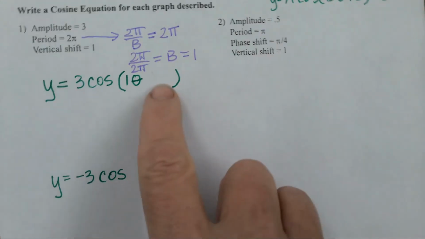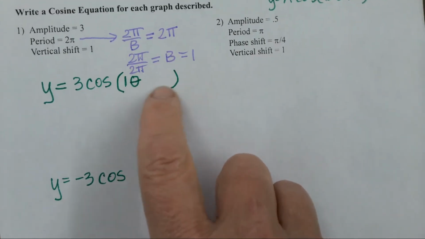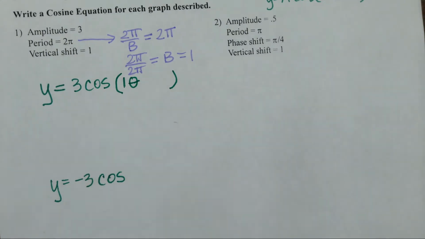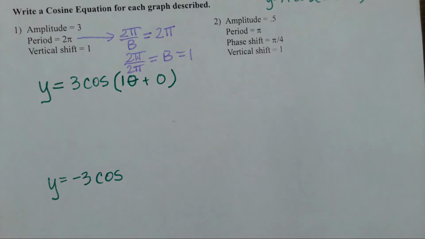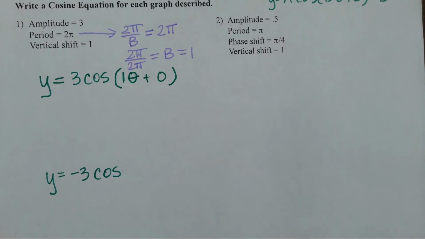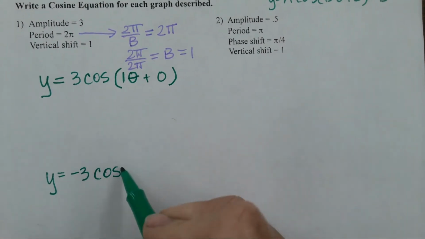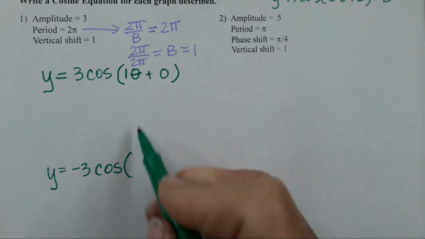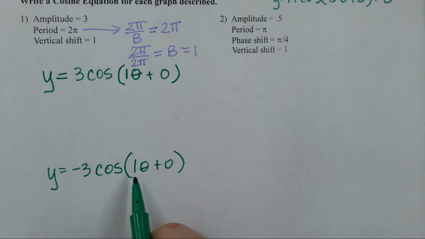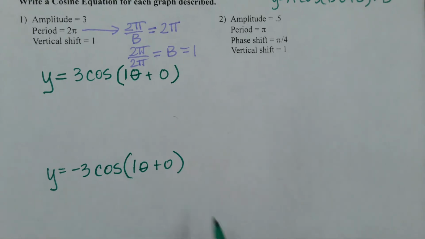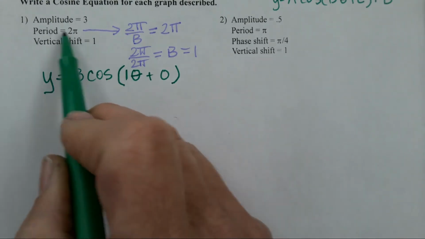No. Do I need to worry about anything else in here? No. So I could stop there. I could put it as plus 0 because there is no phase shift in there. And that would be the same if I was doing the negative one. It would be 1 theta plus 0. Do I even need the 1 there? No. Okay, so then the last thing I have to deal with is this vertical shift.